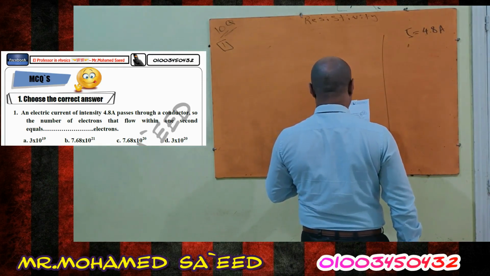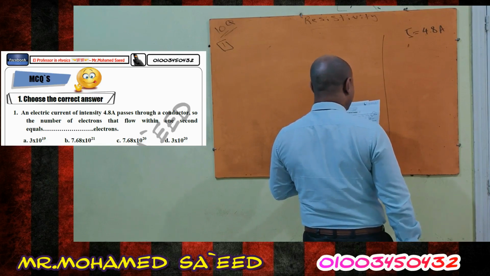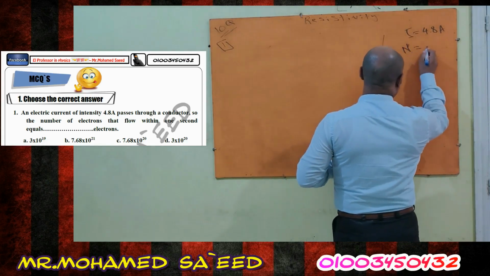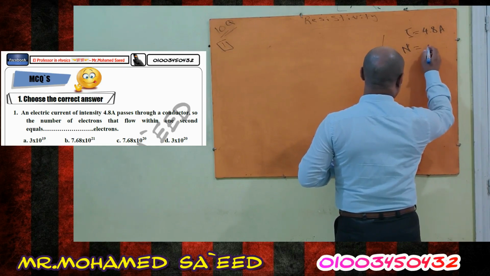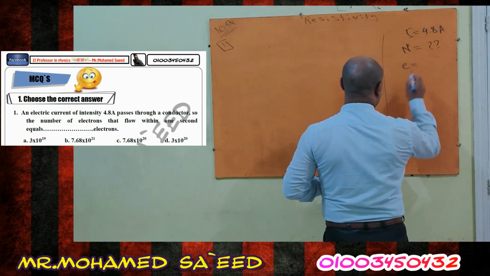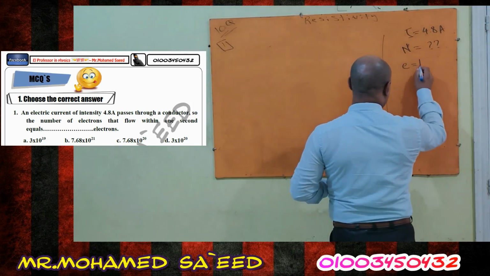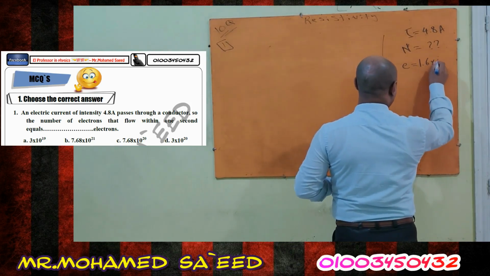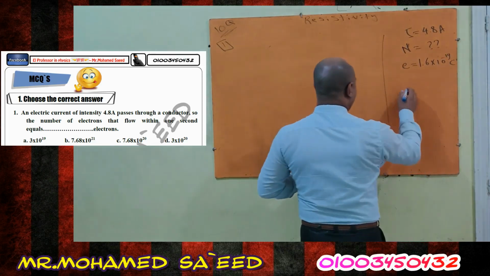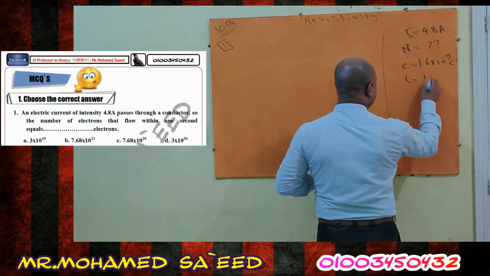So the number of electrons that flow within 1 second equals, the required is the number of electrons. We have learned before that the charge of the electron equals 1.6 times 10 to the power negative 19 coulomb, within time equals 1 second.